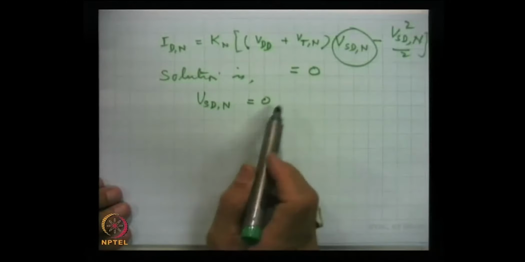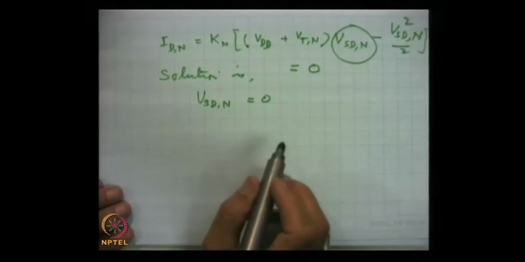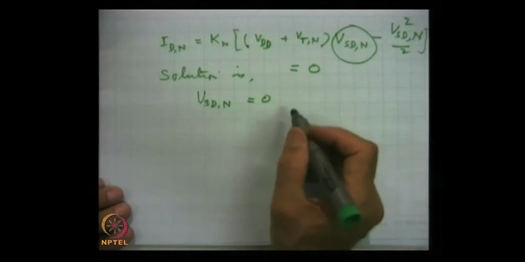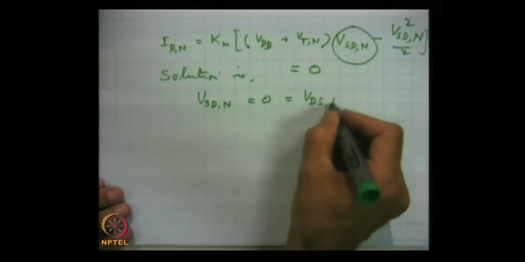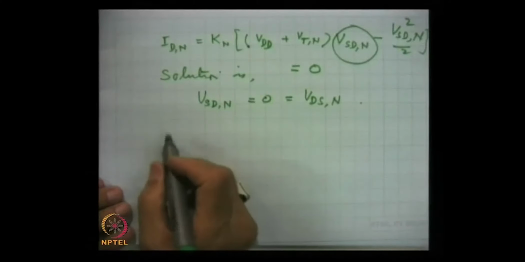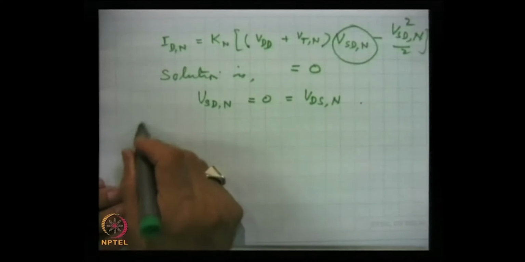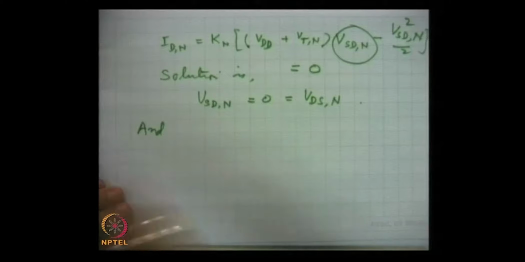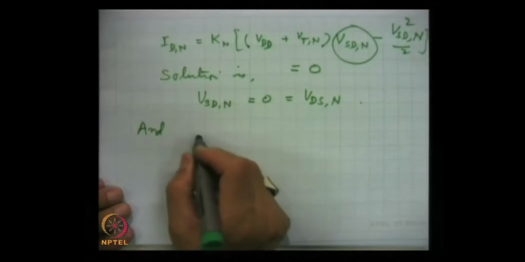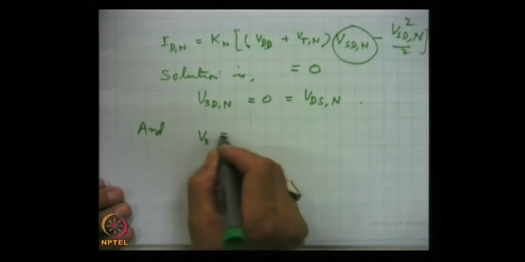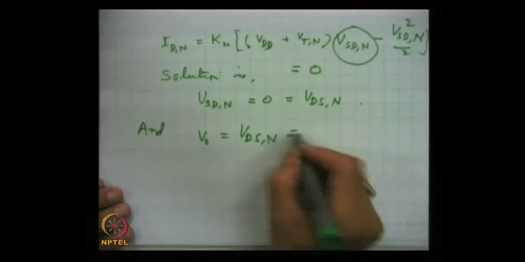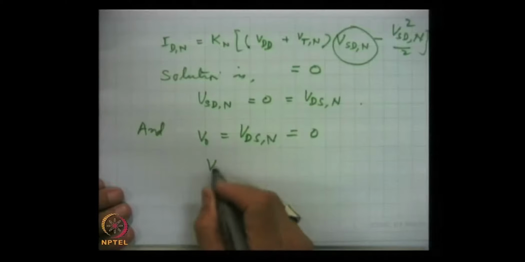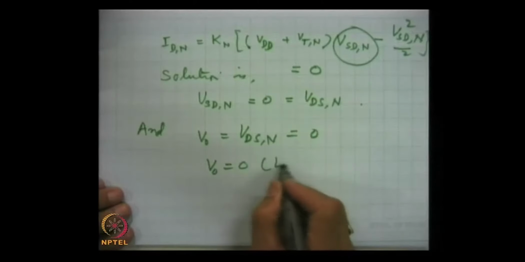So, VSDN is 0 and this is the same as VDSN. And what was output? You will remember that output V0 was VDSN and this is 0. So, output is low.